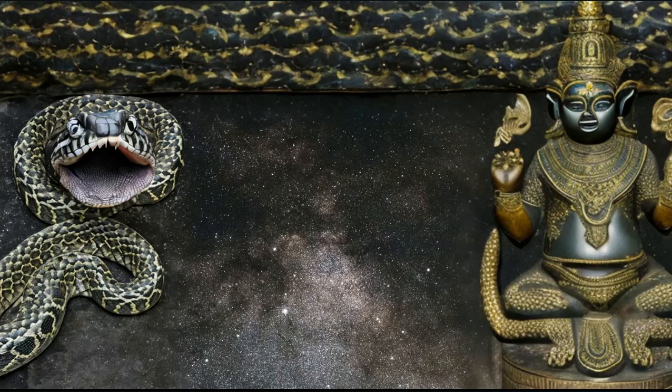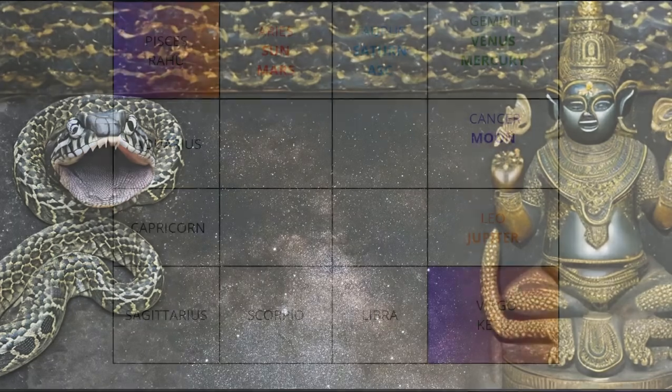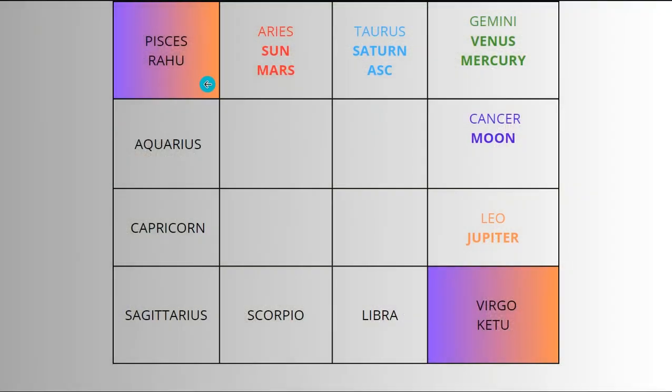So, firstly, how do you find out whether you have Kaala Sarpa Dosha or not? And when does this situation arise? For this, all you've got to do is look at your birth chart. See where Rahu and Ketu are placed in your birth chart. In this sample chart, I've got Rahu in Pisces and Ketu in Virgo.